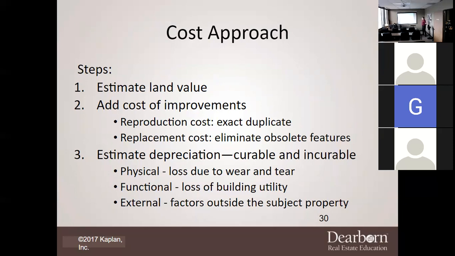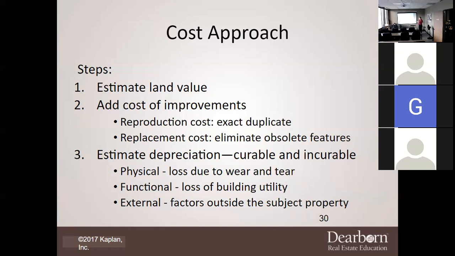No. So what does still have value? The land. So we have to start where? The land. Okay, so we find out that the land is in a prime location, and so that land is worth $100,000. Now we need to add the cost of the improvements.